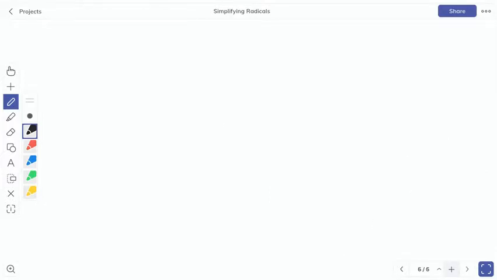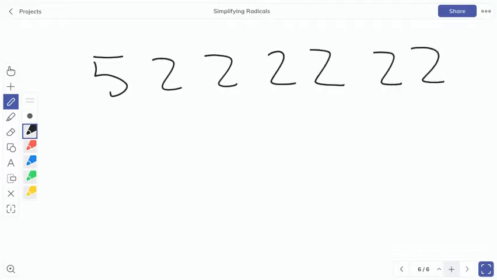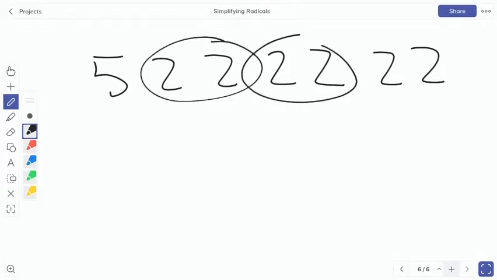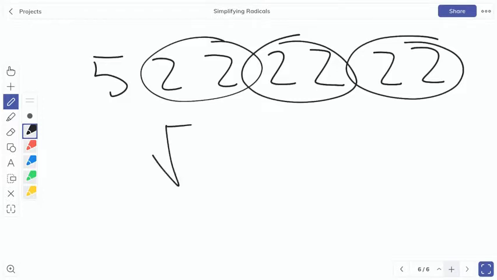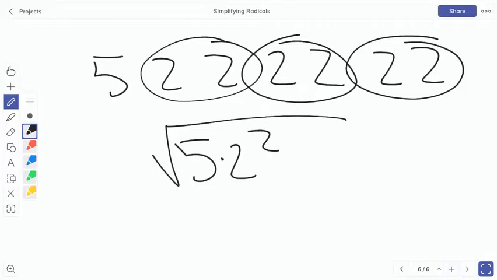Now we have to simplify it into pairs of 2. After dividing, the prime numbers that we are left with are 5, 2, 2, 2, 2, 2, and 2. Divided into pairs of 2, we can write this as the square root of 5, 2 squared, 2 squared times 2 squared.